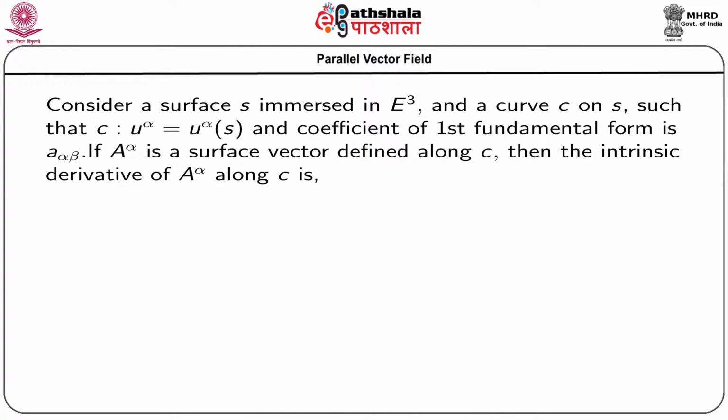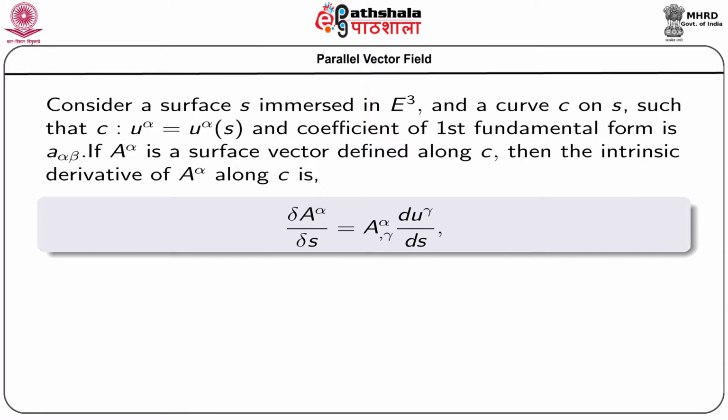If A alpha is a surface vector defined along C, then the intrinsic derivative of A alpha along C is given by delta A alpha delta S equals A alpha comma gamma du gamma ds, where alpha and gamma are the surface indices running from 1 to 2.